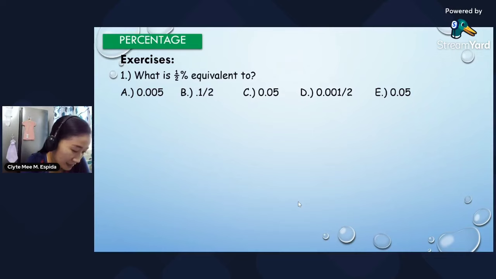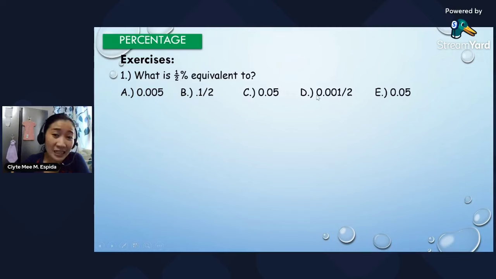Okay. Sige, A. The correct answer po is letter, sige, mag-eliminate pala muna tayo ng sagot. Yung hindi sagot. So, letter D and letter B is hindi po pwede. Bakit? Pinagsama yung fraction at saka decimal. So, hindi po yan pwede sa math. So, we mean here 1/2 moving 2 decimal places.